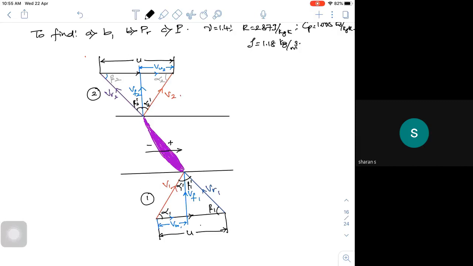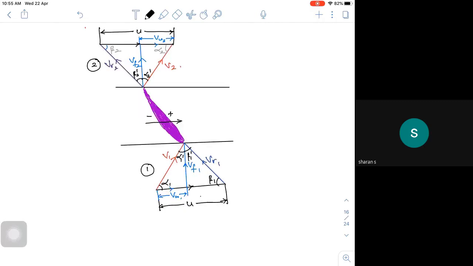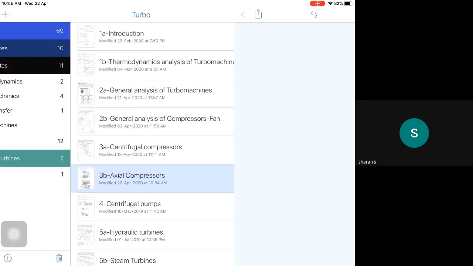This is the velocity triangle at inlet, and this is the velocity triangle at exit.